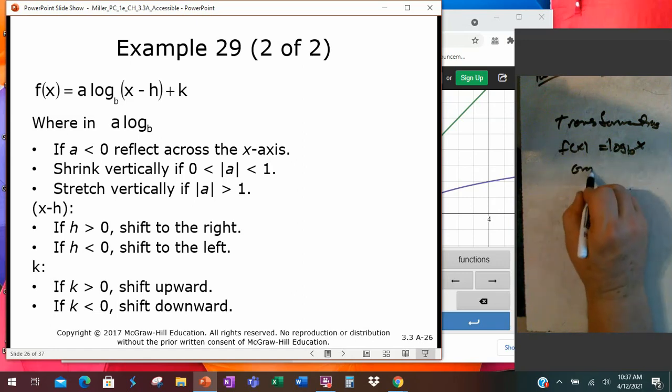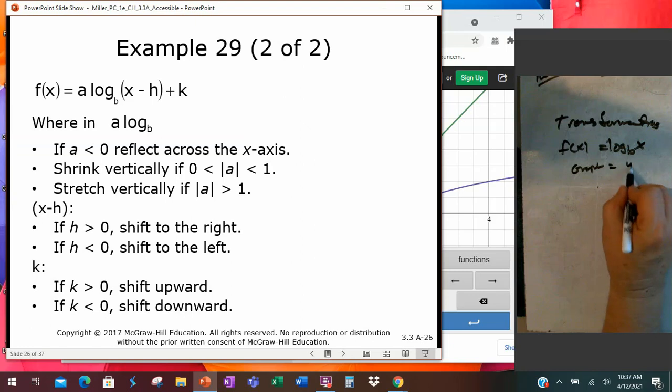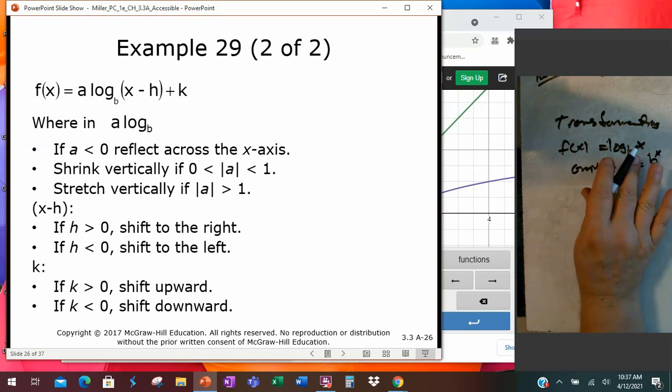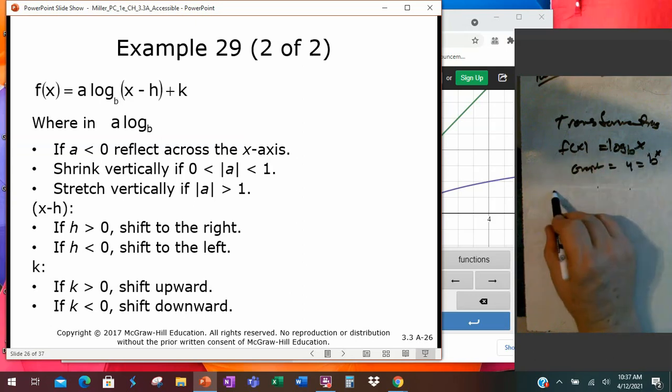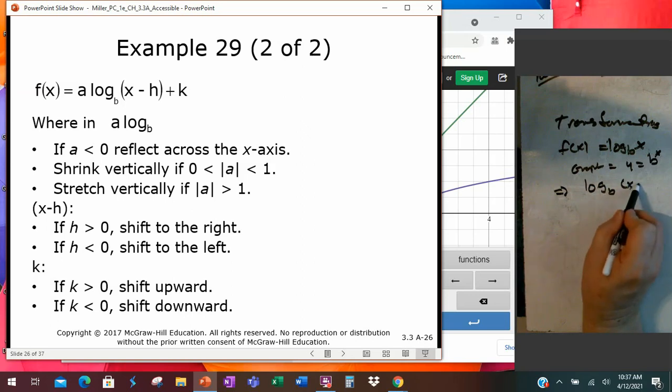If I graph y is equal to b to the x, do the inverse, okay? If I graph those, so I know what this looks like, I start here, graph this, do the inverse. If I know what this is and I can get to it that way, then if I start out with log base b of x minus h, units right. I start with this and I move it to the right.